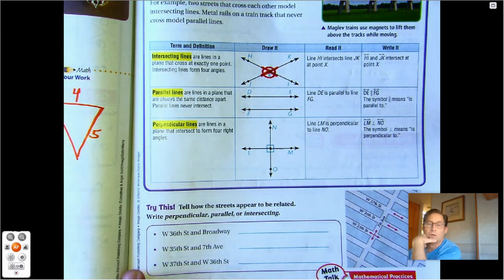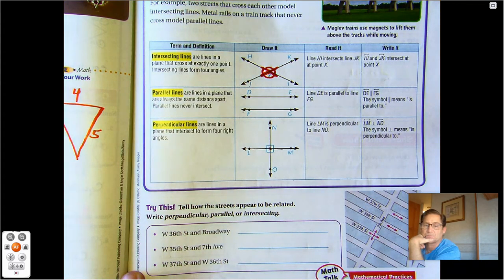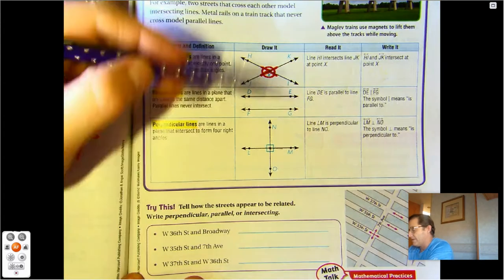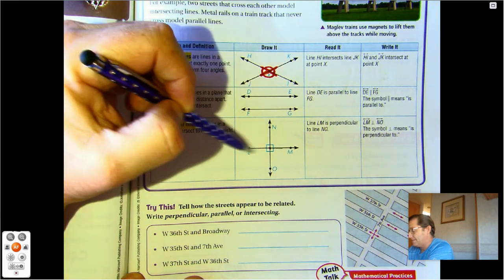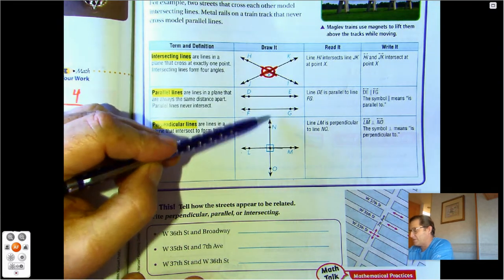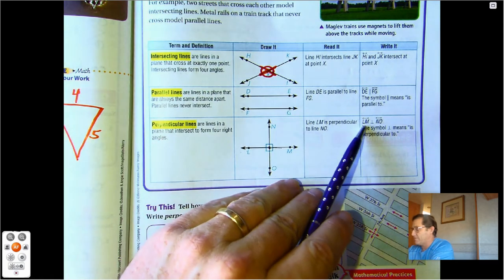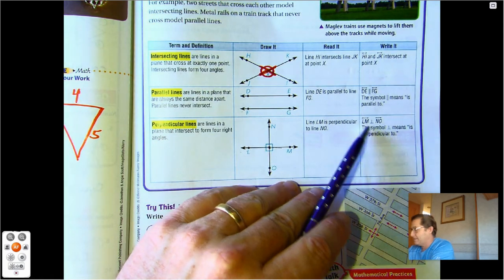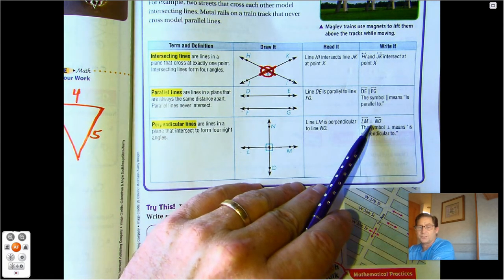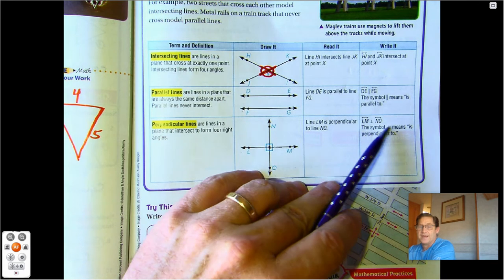So it makes four right angles. We read this as line LM is perpendicular to line NO. The symbol for that would be line LM, the perpendicular symbol, line NO.